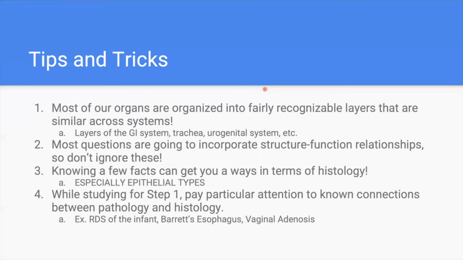But it doesn't make sense to have a stratified squamous epithelium lining the GI system because it's not well adapted for absorption or secretion like we see in that GI system. So thinking about those structure function relationships can get you to predict a lot of different useful knowledge and testable knowledge as it relates to histology.